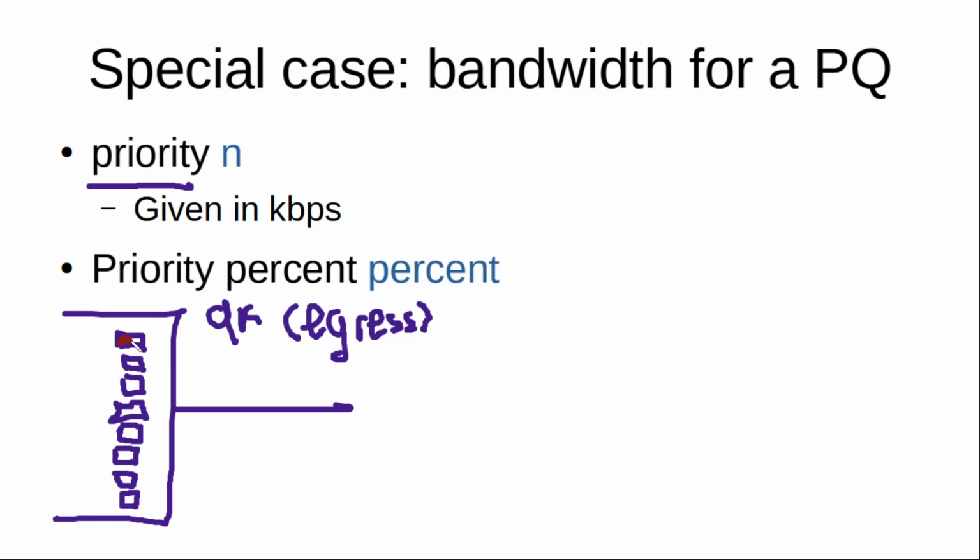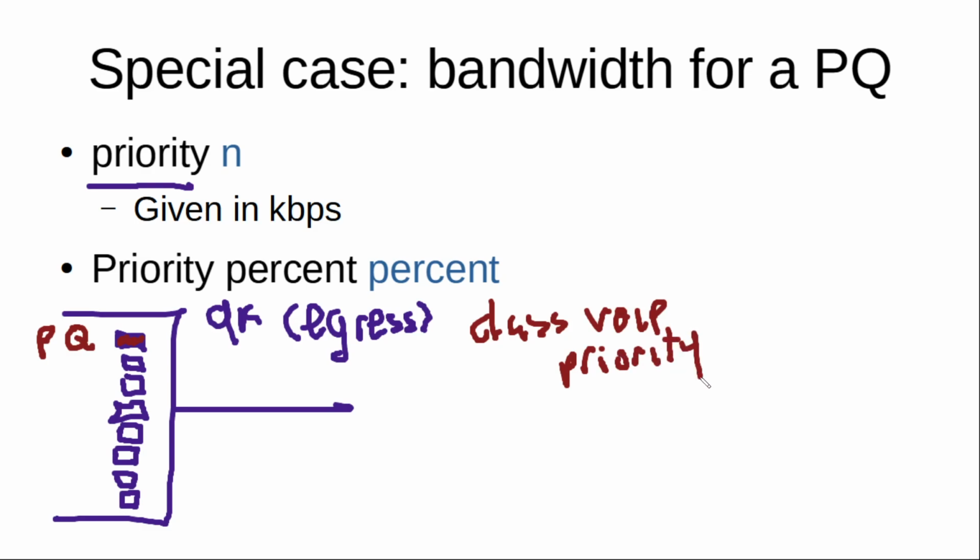So for instance, if we choose this queue to be the priority queue, we will be configuring class voice over IP, and then inside the class we will issue the command priority. When issuing the command priority, we're establishing that this class will not have a normal queue, but this queue will become a priority queue.